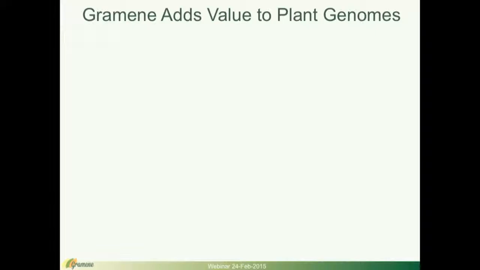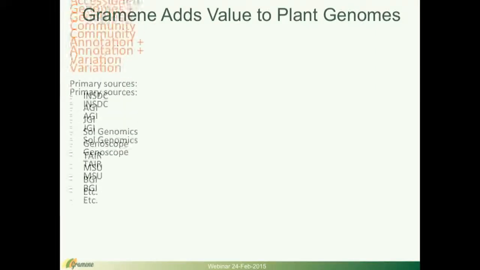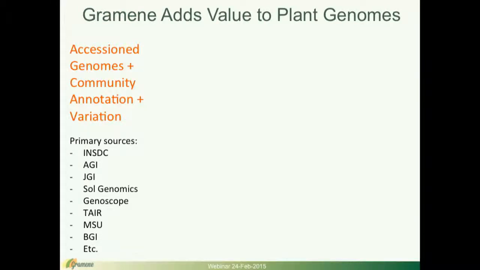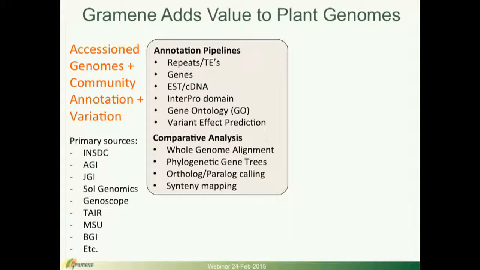So in a nutshell, Gramene adds value to plant genomes. We take accessioned genomes from the community, as well as annotations from the community, and other data depending on the genome from their primary sources, and we subject them to additional standardized annotation pipelines to look at repeats and genes, expression.